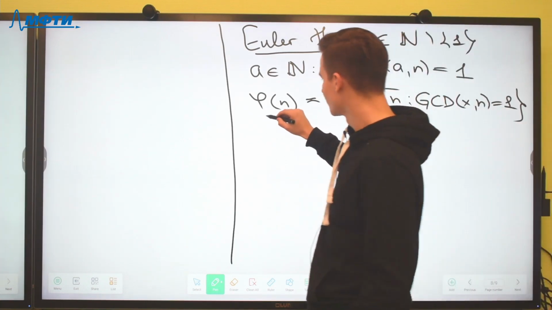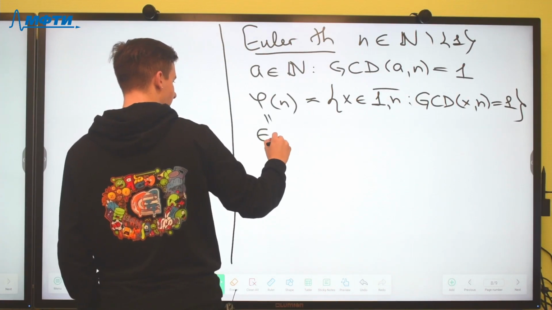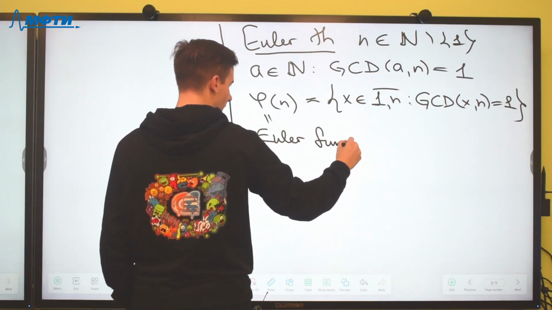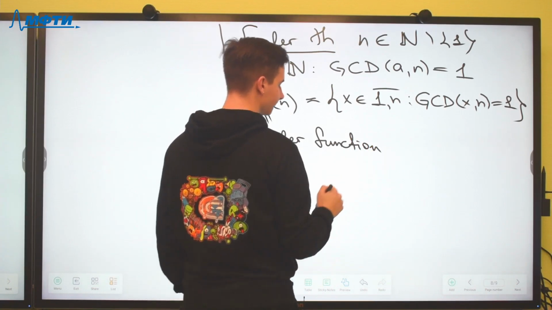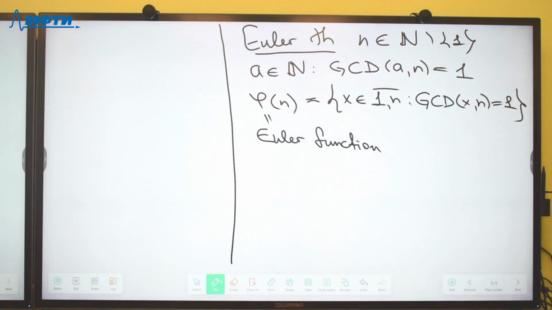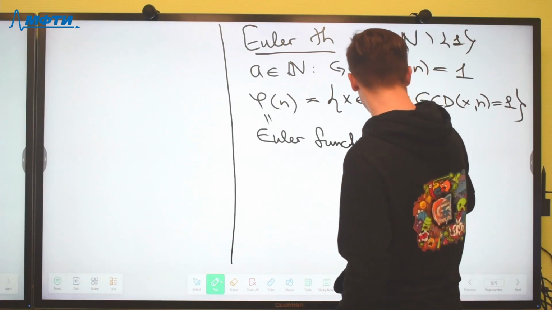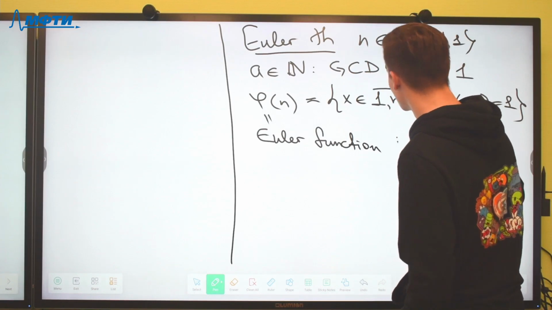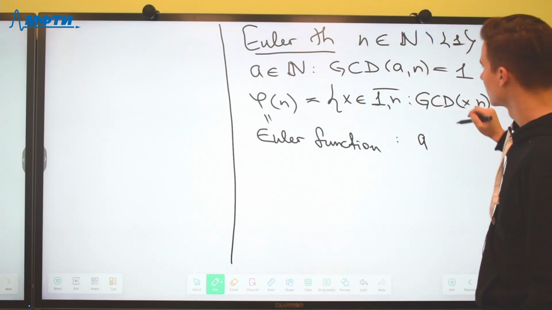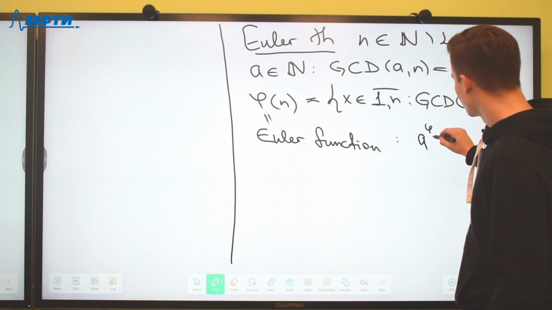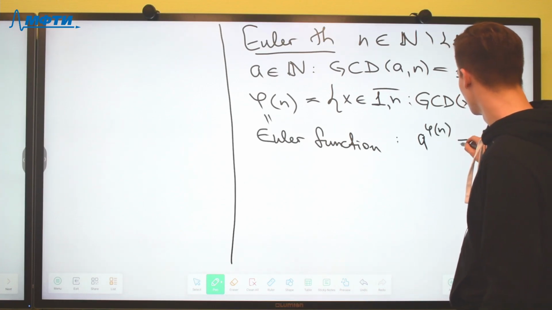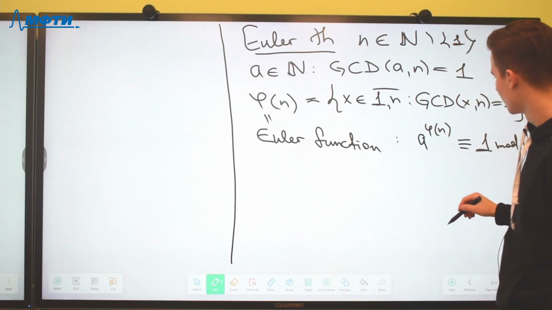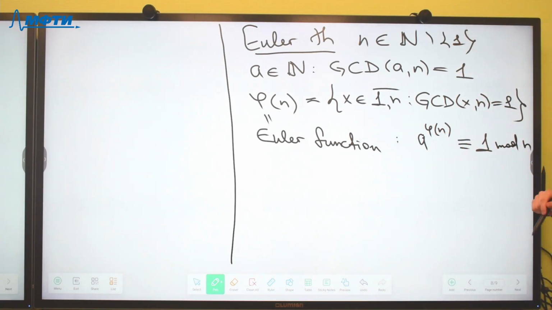It's the Euler function. So, the consequence of these conditions is that a to the power phi of n is equal to 1.